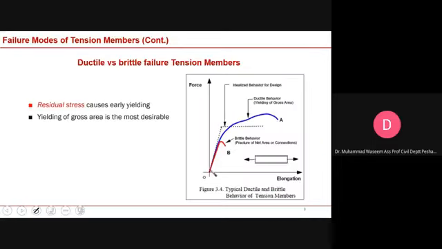So now we are sure that we have discussed two limit states. What are the two design limit states in a tension member? One is the excessive deformation, and the second limit state is the fracture.